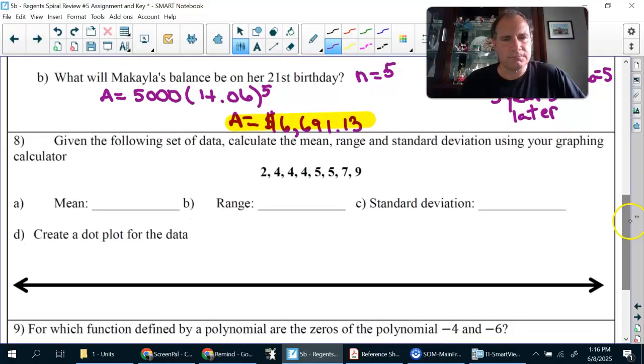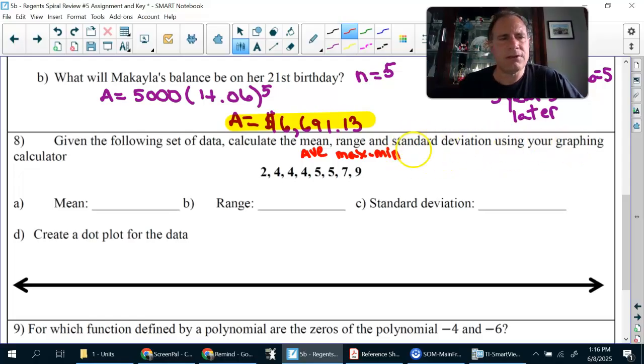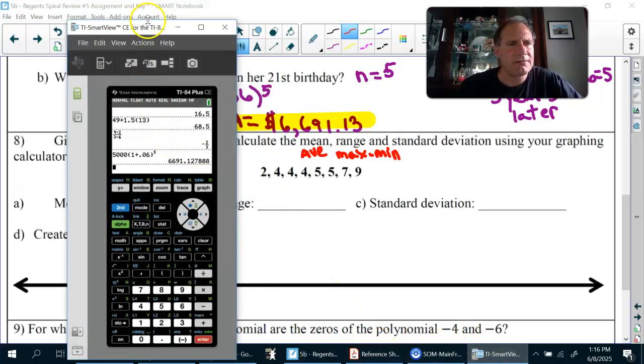All right, so we're talking about mean, which is average, range, which is max minus min, and standard deviation, when using your graphing calculator. So they give you a set of numbers right here, and we're going to put that directly in.